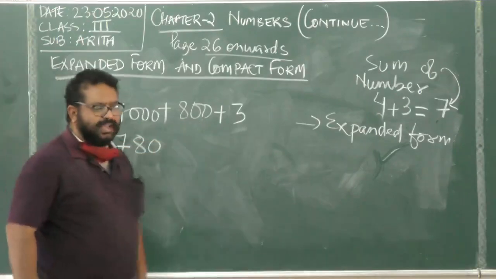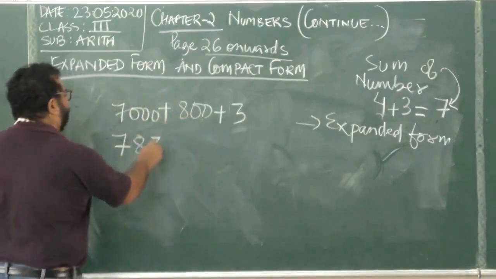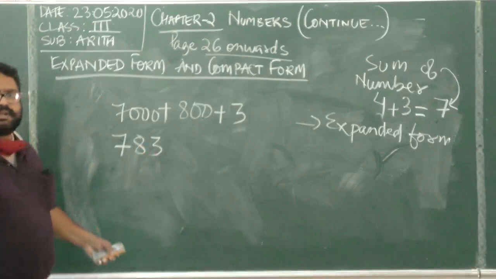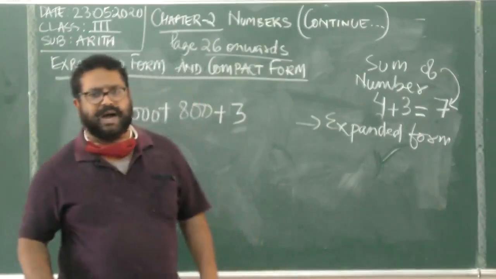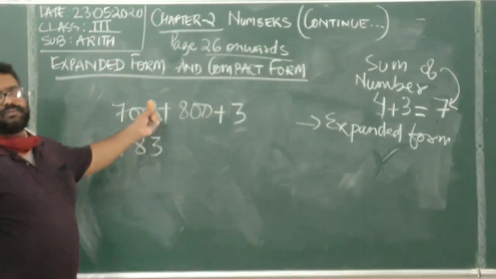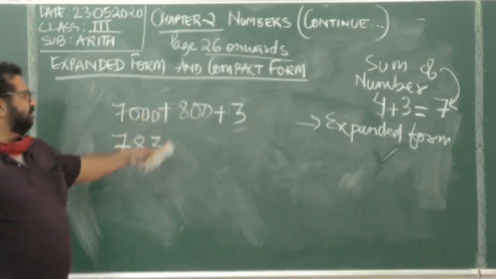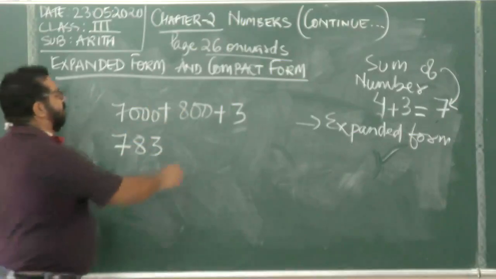That means if I write simply like this, 783, sometimes children tend to make mistakes. They overlook this part, so they write the compact form of the expanded form of this number like this, which is wrong.